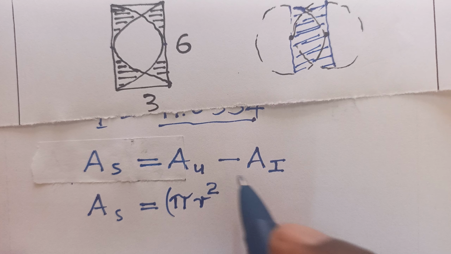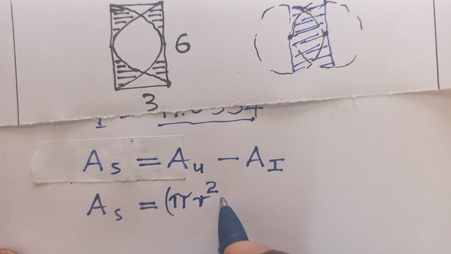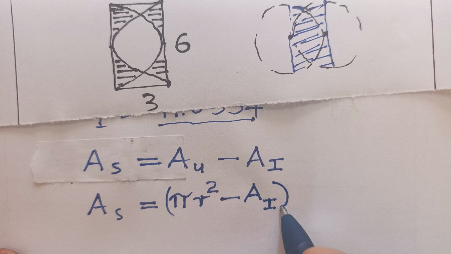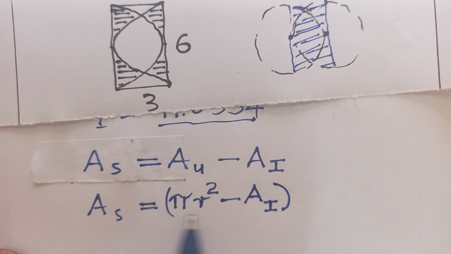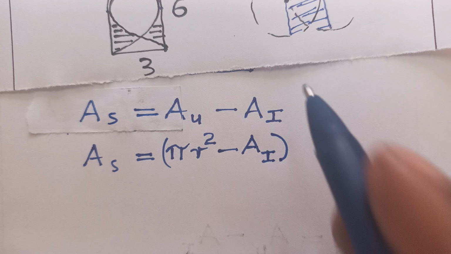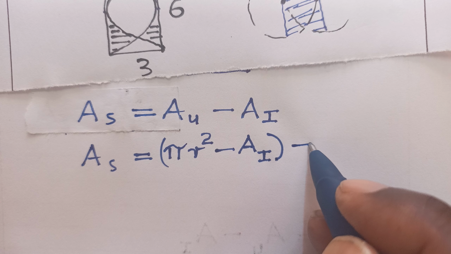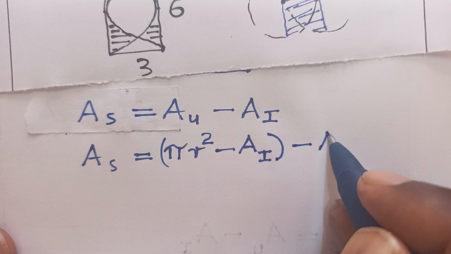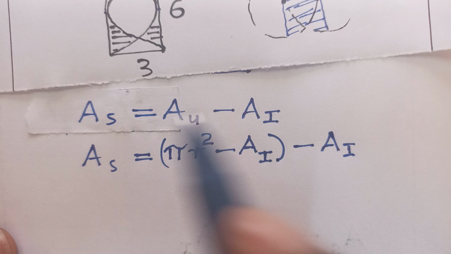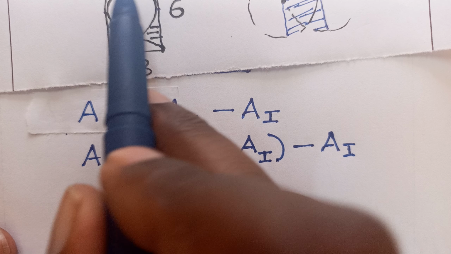And so I need to get rid of that intersection. So guys, this is the area of the union. And now we come and take away the area of intersection to get the shaded part.